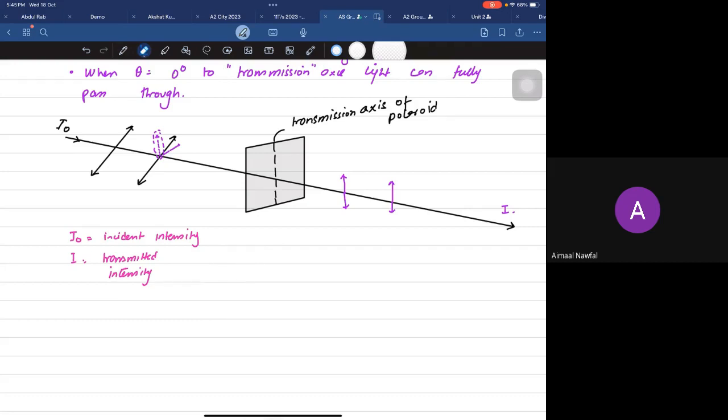Your transmission axis right now is completely vertical. You agree? This wave passes through it like this, at a certain angle theta to the transmission axis. Is that clear?